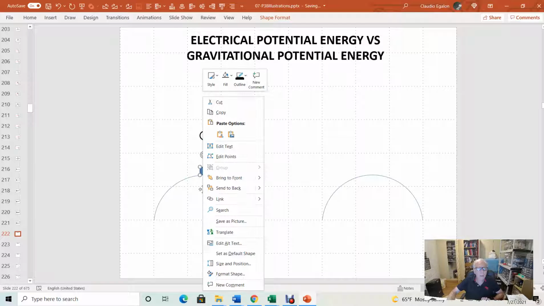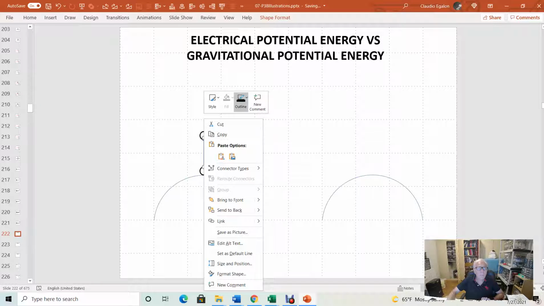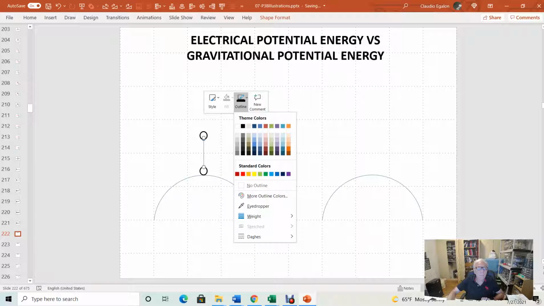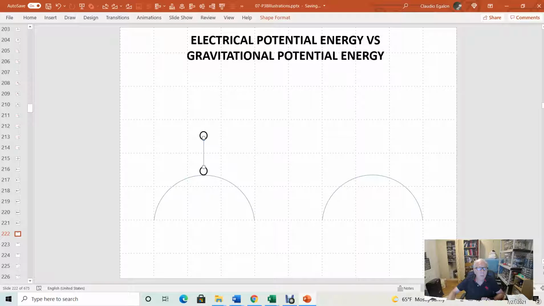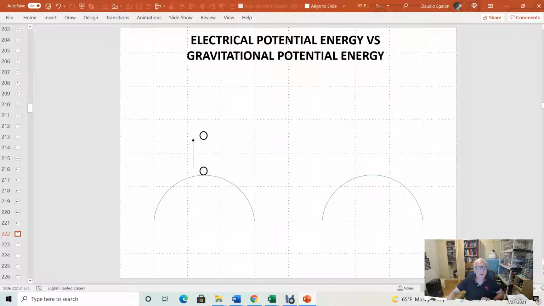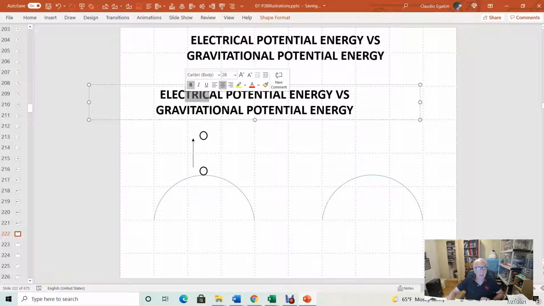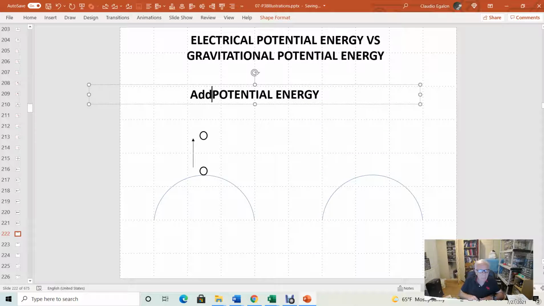I'm going to put it here on the side. Adding potential energy. I like to say I'm pumping potential energy. Adding or pumping potential energy.